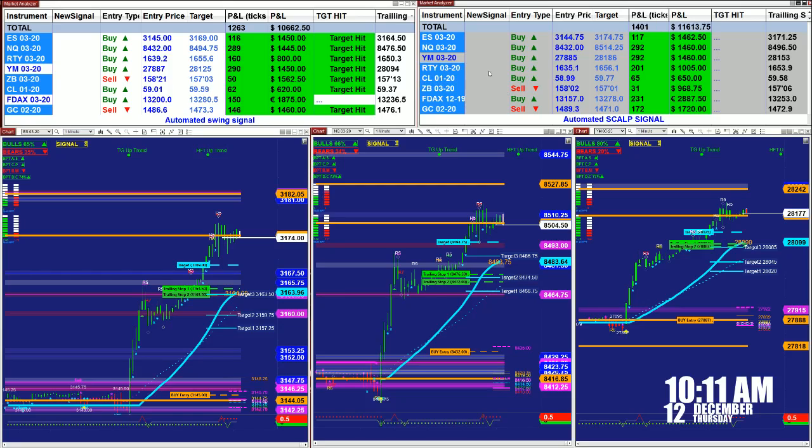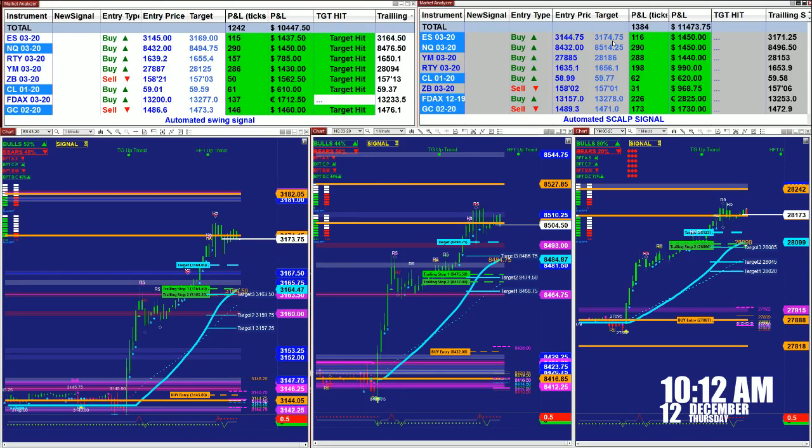When it says a new signal, it's going to give you the direction, whether it's buy or sell, and it's going to give you the entry price to the tick, and the target to the tick. So this is very straightforward.